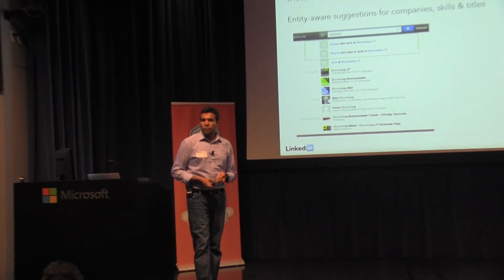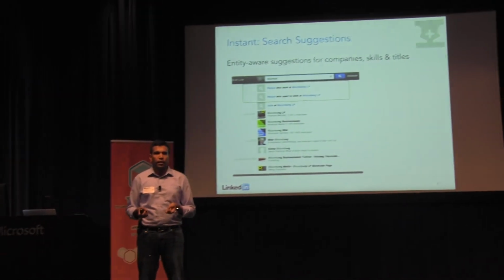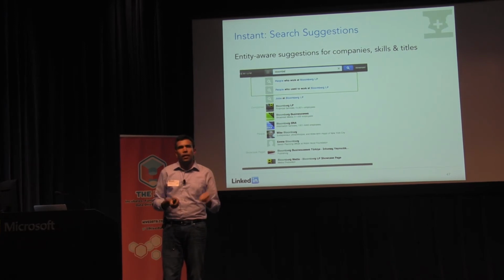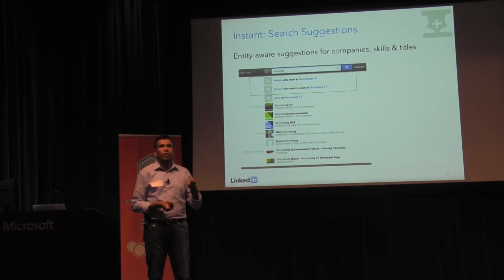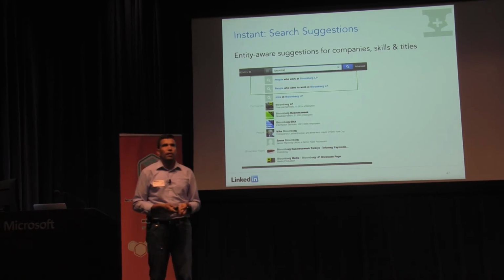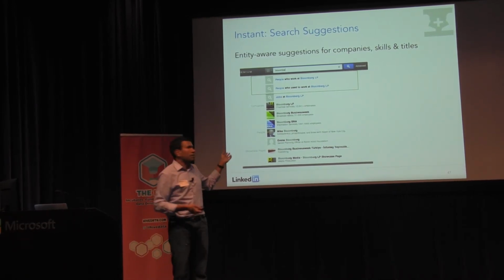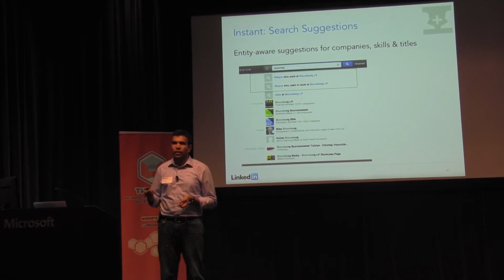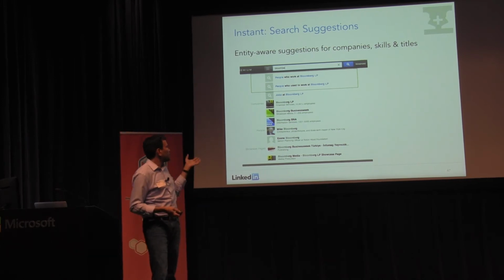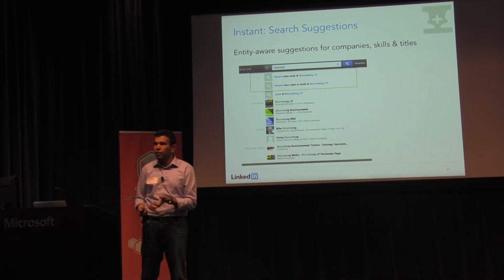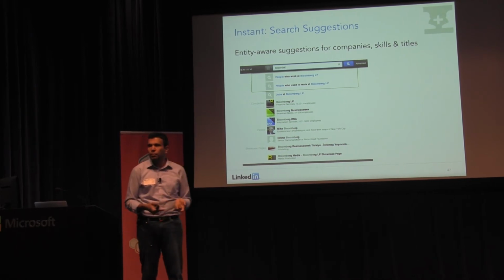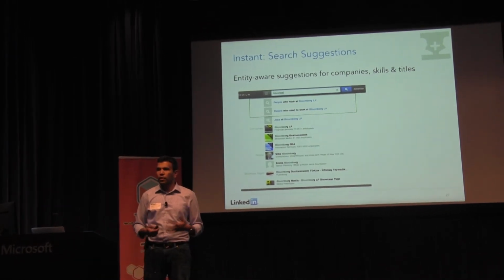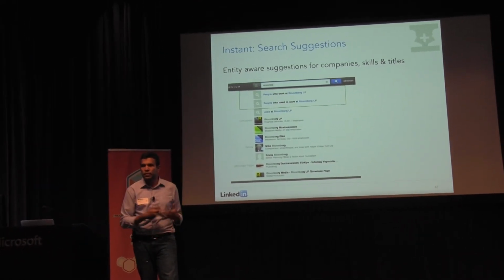And the way we build products that tailor the exact same products to be used by a casual user as well as an outbound professional is by, for instance, having search suggestions in Instant, where when you're typing in a company name, which in this case is Bloomberg, we are able to identify the fact that you are referring to the company entity, and we are able to surface suggestions that will let you explore people at Bloomberg, such as people who work currently at Bloomberg or people who used to work at Bloomberg. We are able to enable discovery of these capabilities right in the Instant surface as you type.